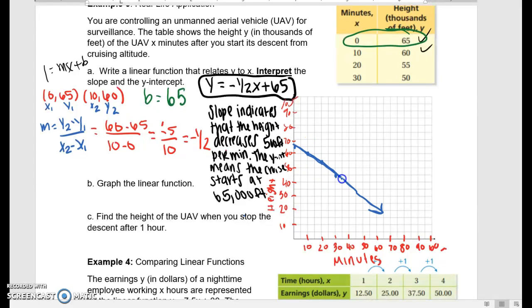It's hard for me to do on here. So that's your straight line. It's descending. Then here it's asking you for the height of the UAV when you stop the descent.